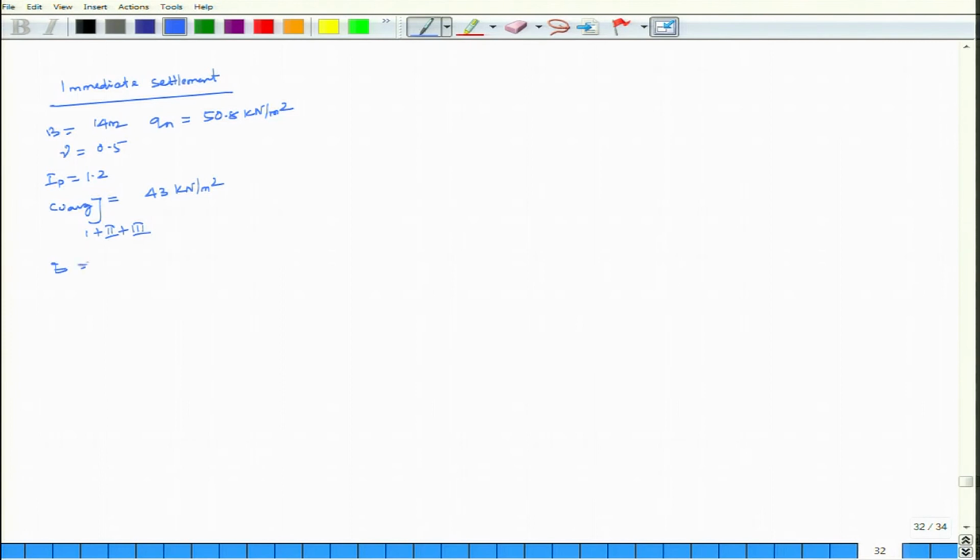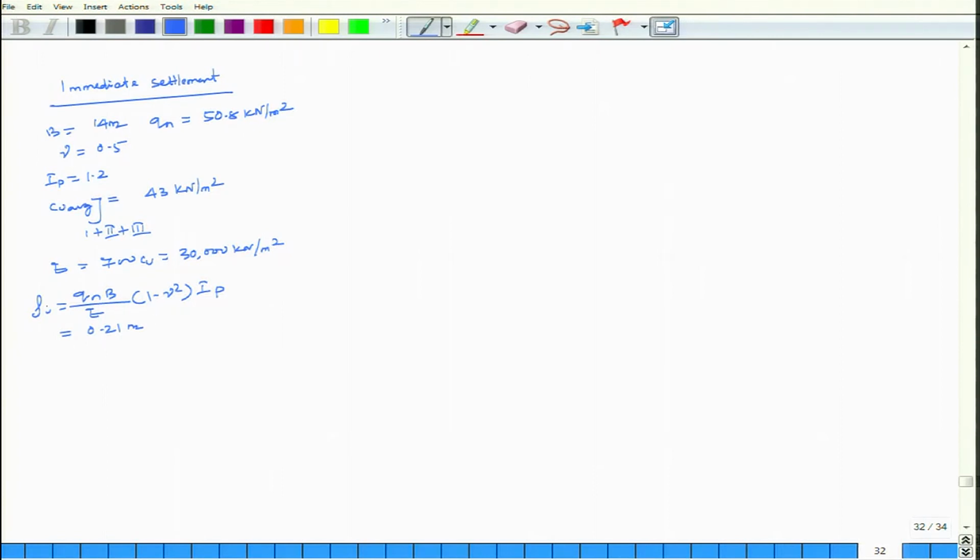E is equal to, I have considered 700 Cu, which is equal to 30,000 kilonewton per meter square. So, immediate settlement comes out to be Qn B by E into 1 minus mu square into Ip, which comes out to be 0.21 meter.